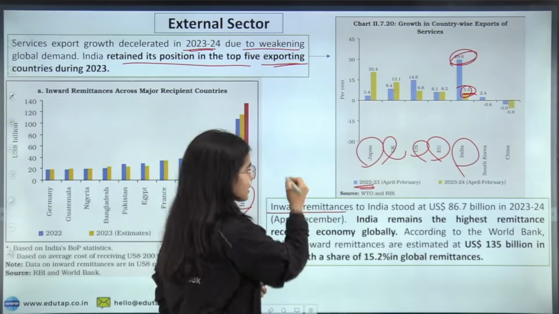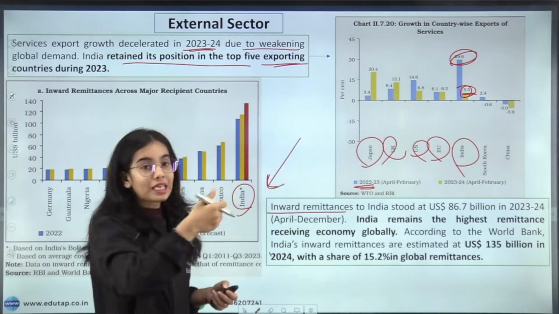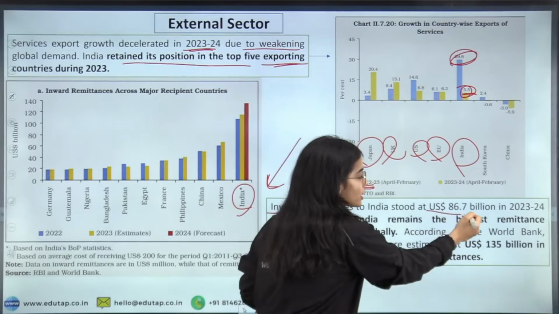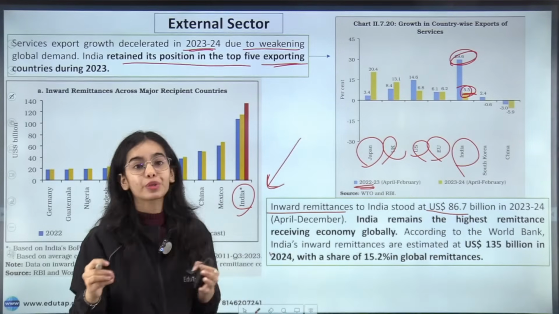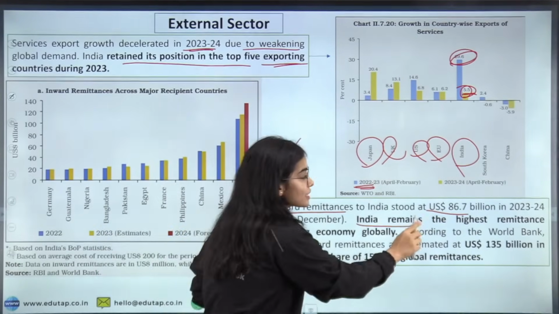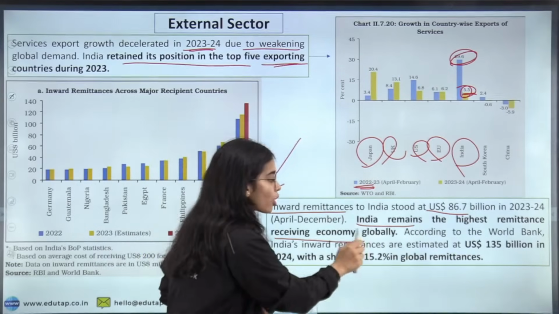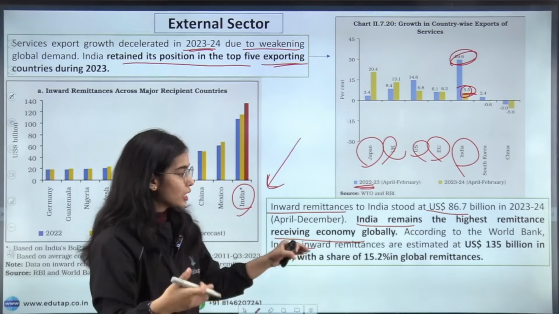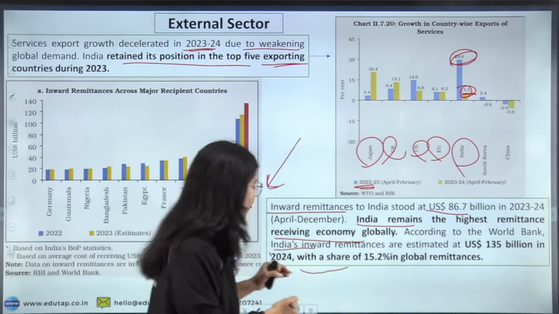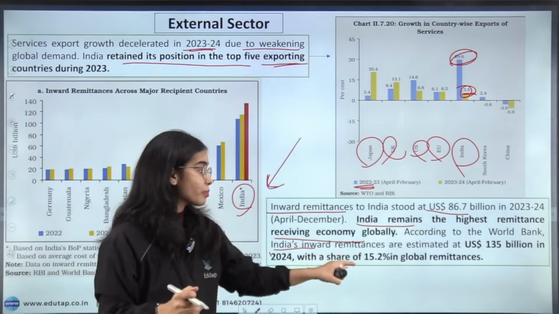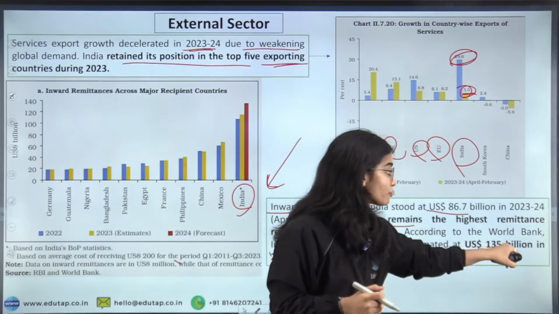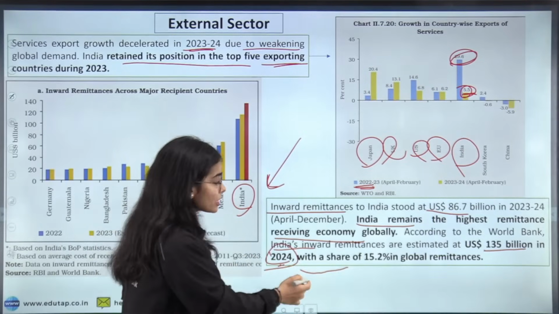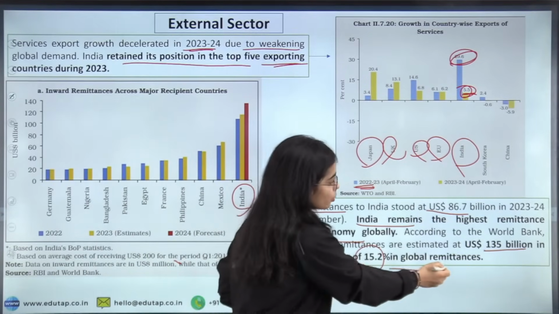So inward remittances, that means the remittances that are coming into the country, stood at $86.7 billion in 2023-24. India remains the highest remittance receiving economy globally. According to the World Bank, India's inward remittances are estimated at $135 billion in the coming year, that is 2024, with a share of 15.2% in the global remittances.